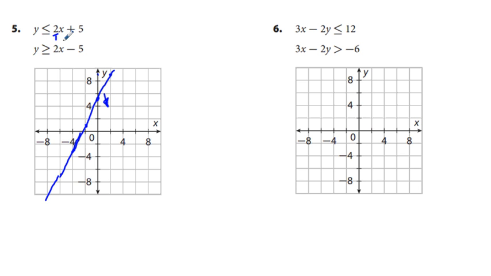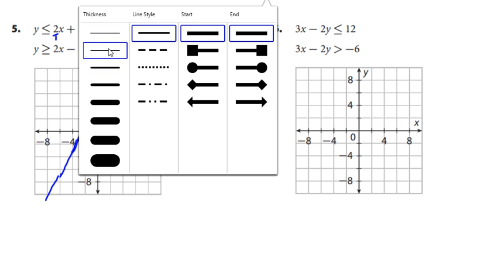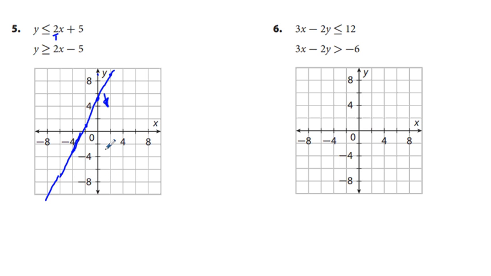And the next one we have is y is equal to or greater than 2x minus 5. You should be able to see where this is going already, I hope. So we go to the -5 y-intercept, and then we have 2 over 1, same as above, so we go up 2 over 1, up 2 over 1.